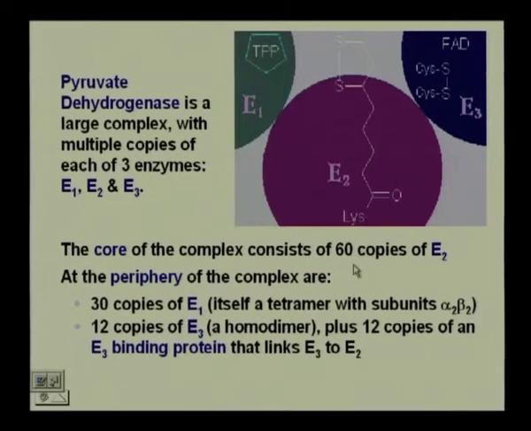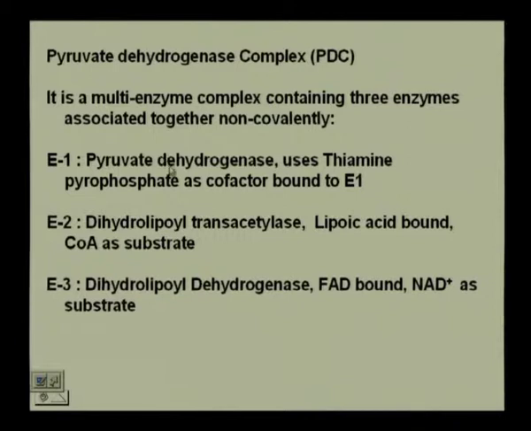There are 60 copies of E2 in the core of the complex, 30 copies of E1 and 12 copies of E3. Okay? So, you can imagine that this is a huge complex in the way it actually acts. Each of these has its own cofactors associated with it.